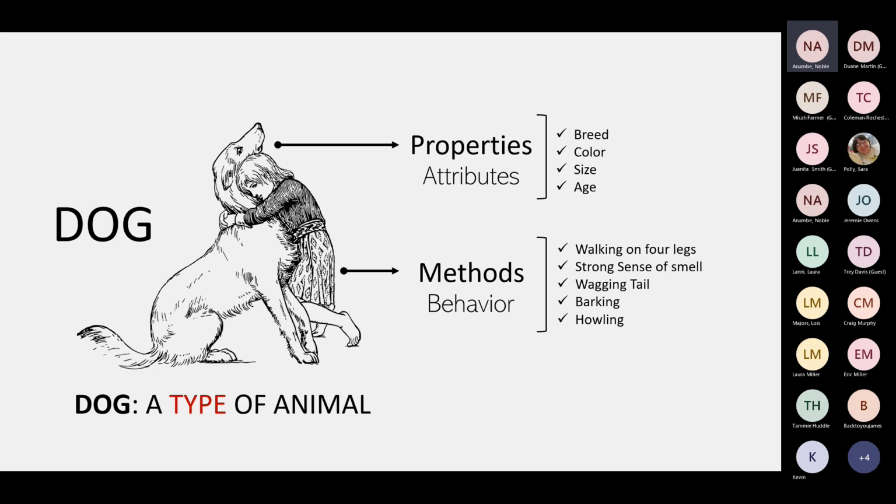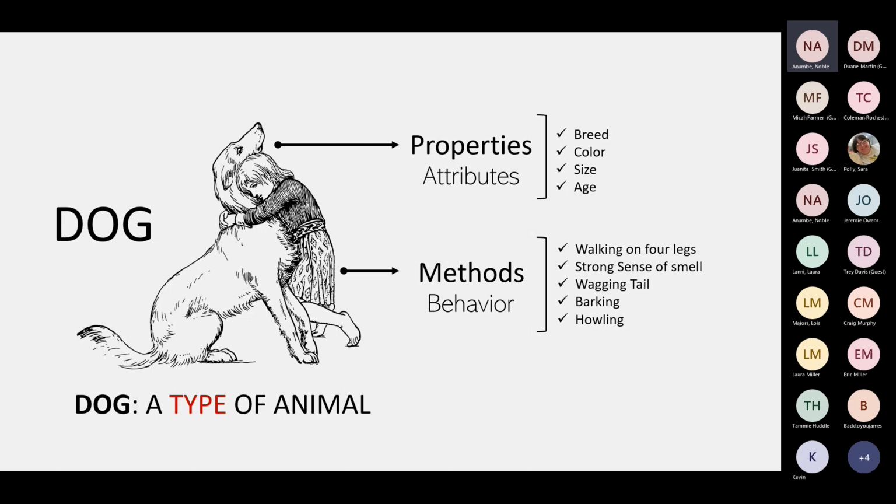Each of those instances has properties and they have methods. Some of their properties could be their breed, their color, their size, their age. For each dog, those characteristics or properties could be different. And then they also have methods, which are things instances within that type category do.